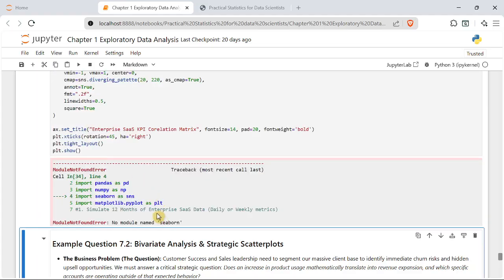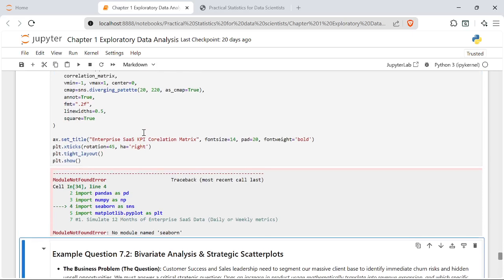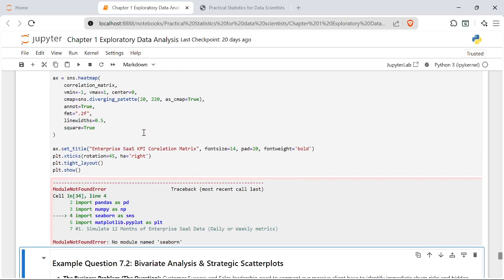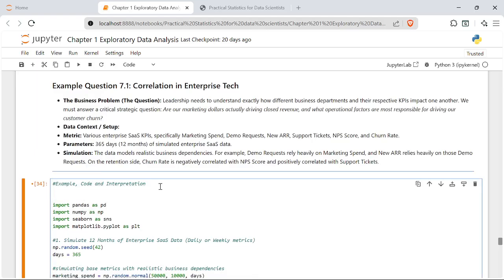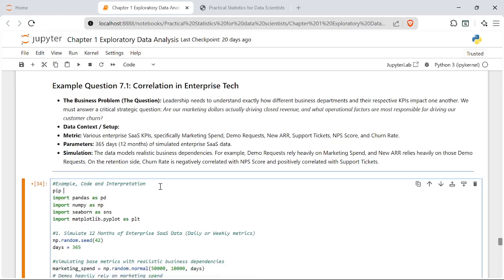No module named Seaborn. Okay, first I have to install Seaborn. pip install seaborn.